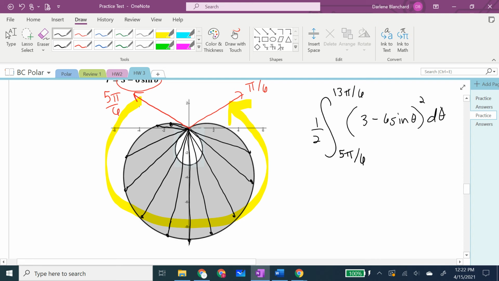Because you have to make an actual sweep from 5 pi over 6. And then if you follow me, we're at pi, we're at 3 pi over 2, we're at 2 pi. So I have to look at the angular sweep that creates that graph.